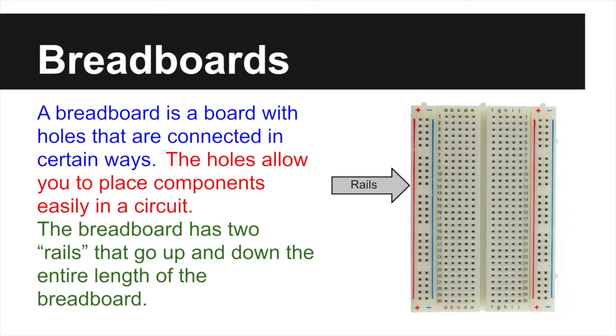I would not get power on row 2, A through E. So hopefully you get the difference there, that those rows are separated. And it's the same on the other side of what I like to call the gap. You'll see there's F through J. Those are completely separate from A through E. They're separated by that gap in the middle, and we're going to talk about how we use that gap in a minute. So hopefully now you get the difference between rails and rows.